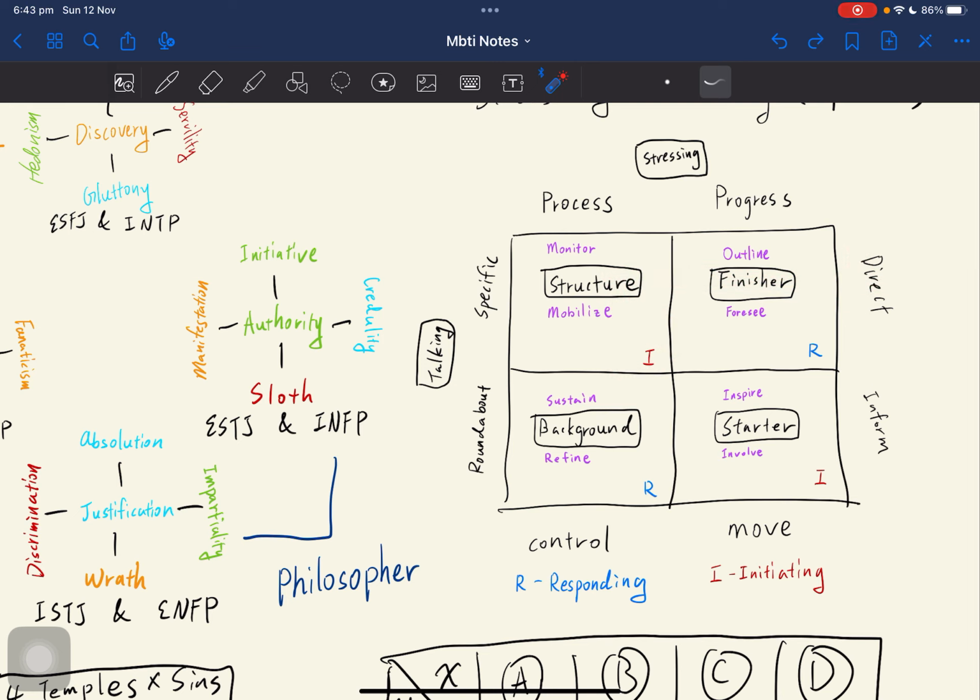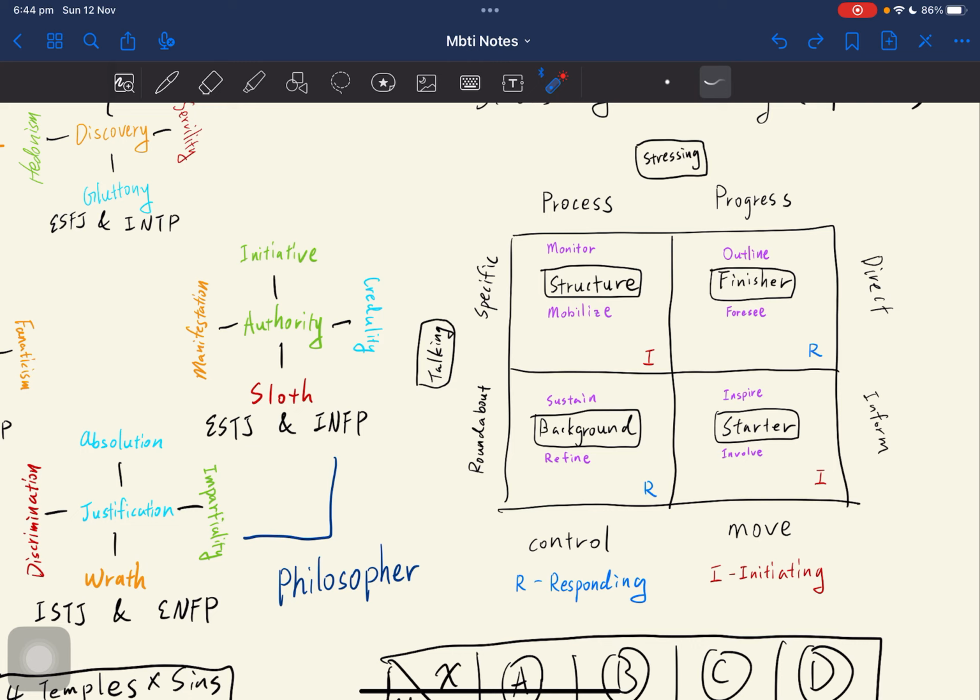But if you are responding and you are direct, then you are a finisher type. Or if you are responding and you are informing, then you are the background type. Or if you are initiating and you are informing, you are the starter type. So there are 3 different vectors for you to choose from.